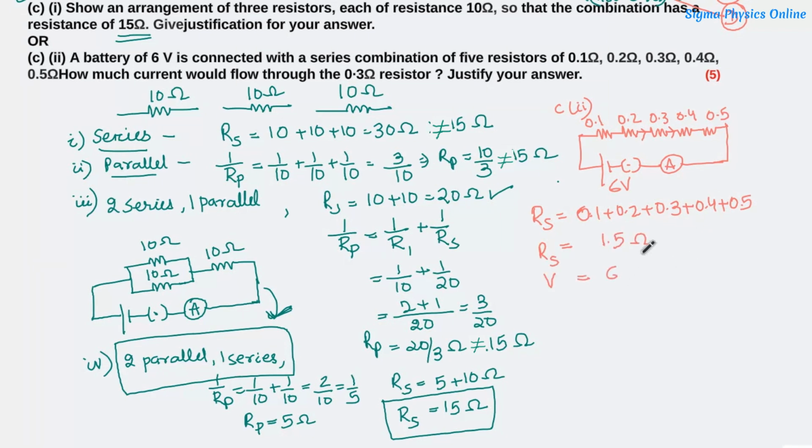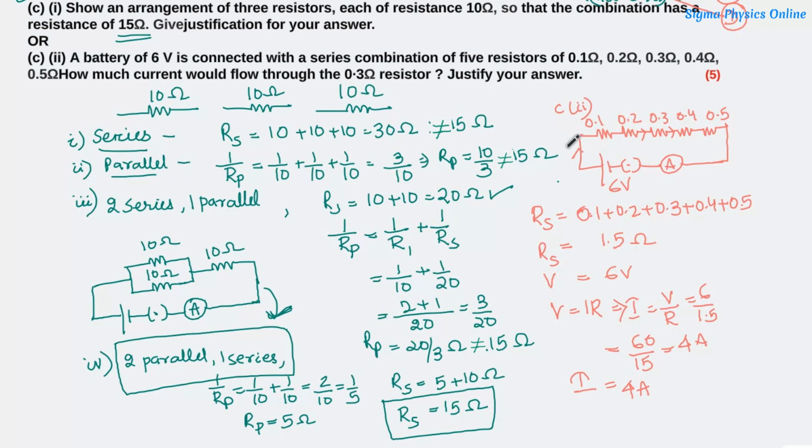The potential difference is given here as 6 volt. Now using Ohm's law, V is equal to IR. The current in the circuit will be V by R, which is 6 by 1.5, which is 60 by 15, that is 4 ampere. Hence the current in the circuit is 4 ampere.